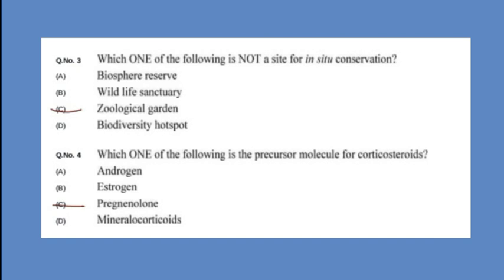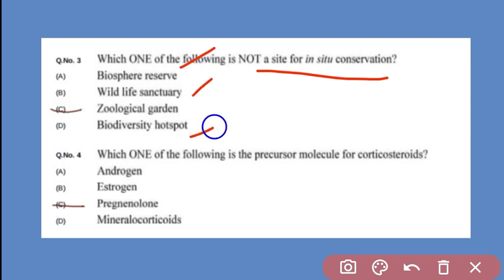So here the question is asked: which one of the following is not a site for in situ conservation? Biosphere reserves, wildlife sanctuaries and biodiversity hotspots are all in situ conservation, but the zoological garden is not; it is ex situ.